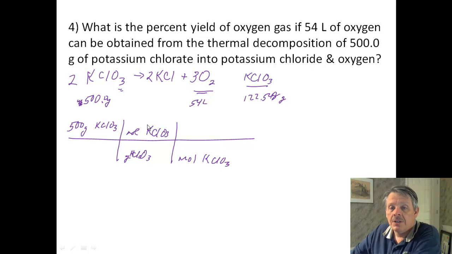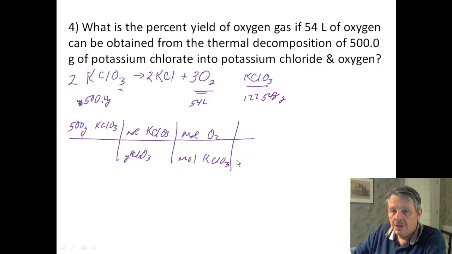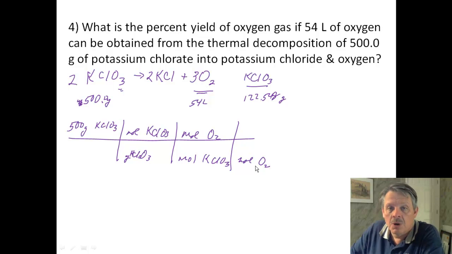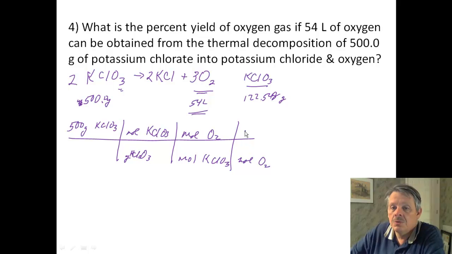Our target destination is oxygen. So we have to go to moles of oxygen. And then we have to decide what units we're going to. Because they told us liters, that's what we're going to go to. So we're going to go from moles of oxygen to liters of oxygen. All right, well, let's see what we know.